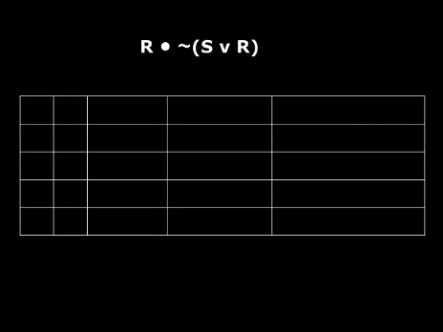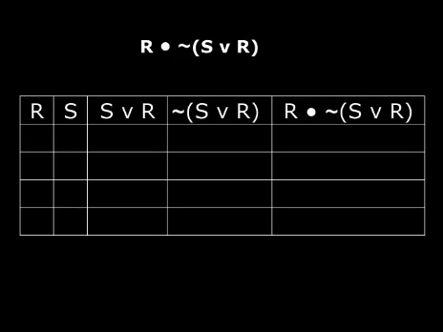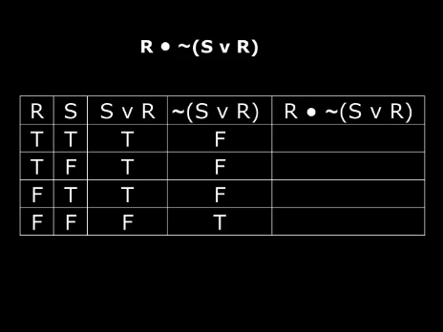Now let's do another example. It may not always be obvious. In the case of P or not P and B and not B, you could just look at it and tell. But you're not always going to be able to just look at a statement and tell. So let's do a truth table for this and figure out, is it a contingency, tautology, or contradiction? Here's the truth table. We've got these statements, fill out R and S. S or R looks like that.